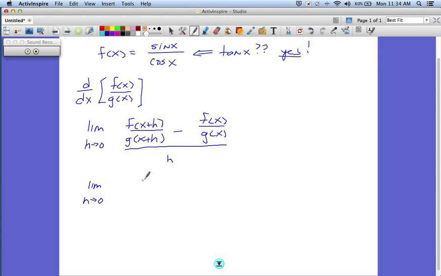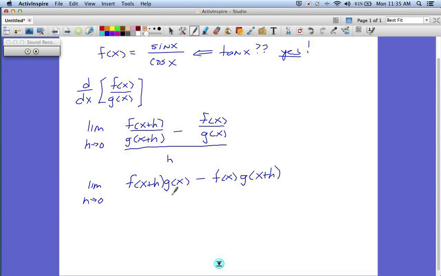So my common denominator between all three of these will be the product of these three. So what we need to do here is give ourselves a nice little denominator. In the numerator, we have f of x plus h times g of x minus f of x times g of x plus h.